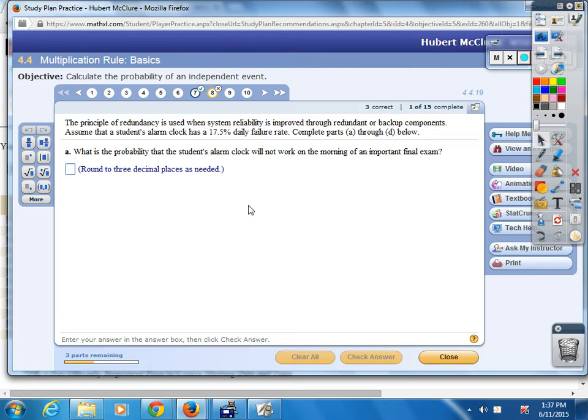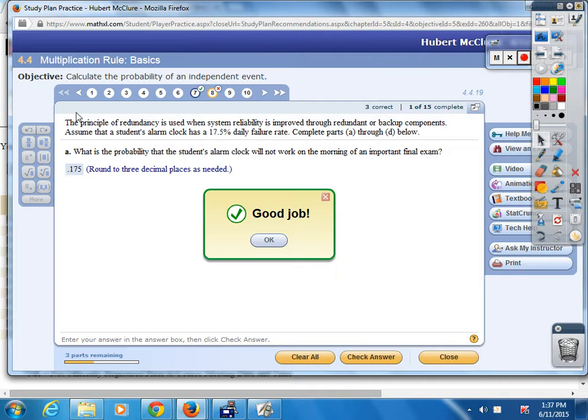What's the failure rate? Should be 0.175. That means the probability that a student's alarm clock will not work is 0.175.